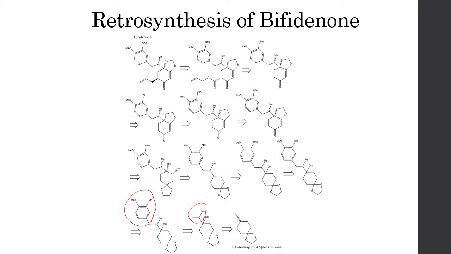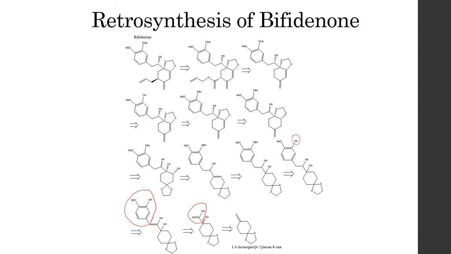Next, we want to do a catalytic hydrogenation, and this is going to get rid of the double bond by adding hydrogens across the alkene. And from there, the alcohol is going to be protected, and we're going to change it to a benzyl ether.